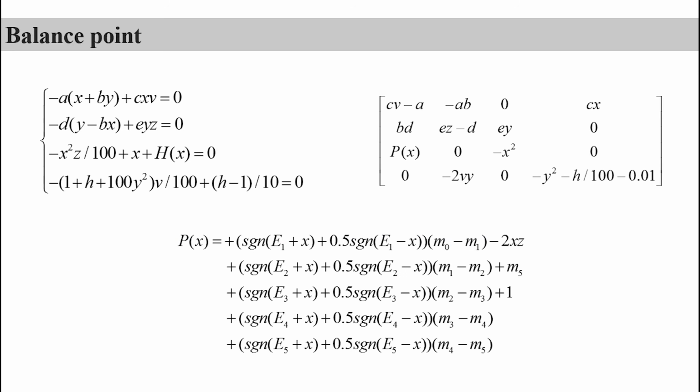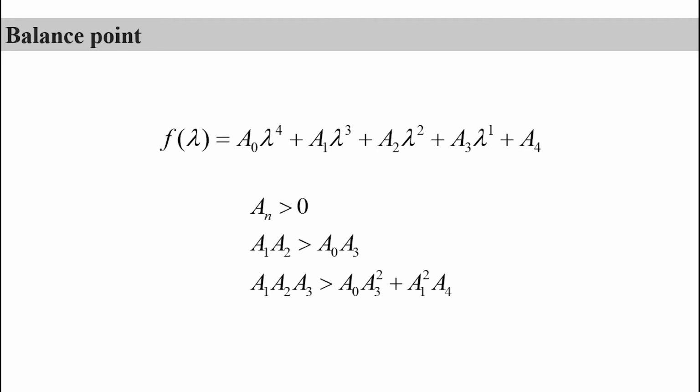It can be easily found that the equilibrium point of the system is P. Linearizing the system at the point P, the J matrix of the system is this. Among them, expanding Px gives formula 10, like this.